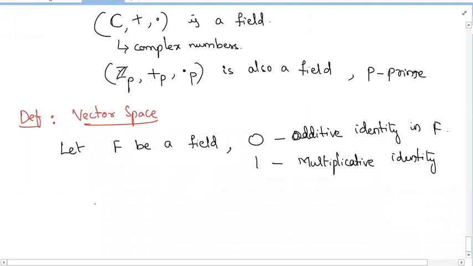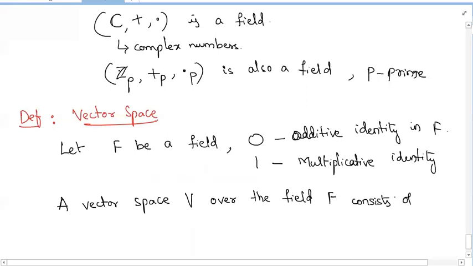Now we'll give the definition of a vector space. A vector space V over the field F: we have a non-empty set V and the field F. We are going to define a vector space over F. What do we mean by that?